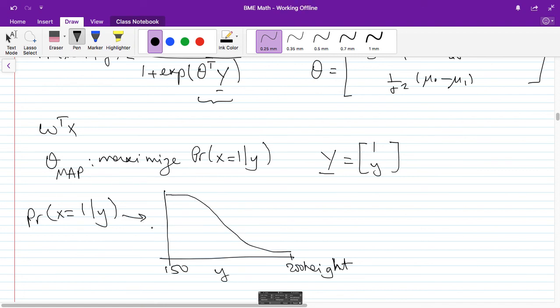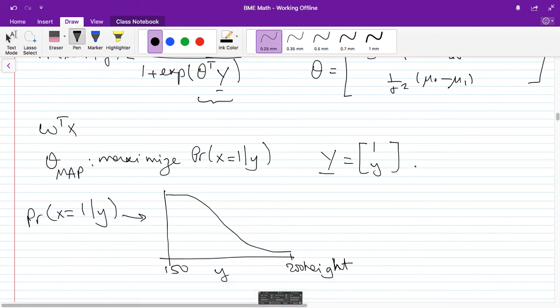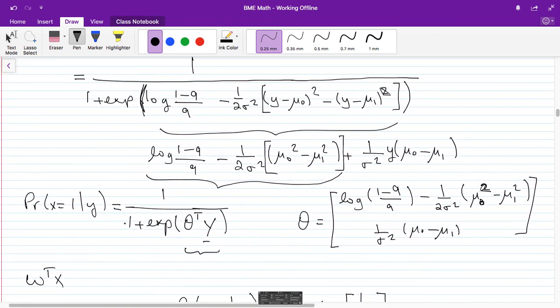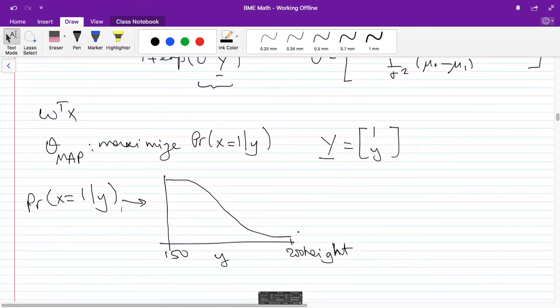This is the probability of x equal to 1 given y. So we made a logistic function. I've plotted it here for you. That describes our posterior probability. All right, any questions?